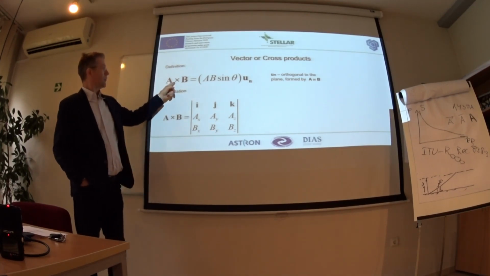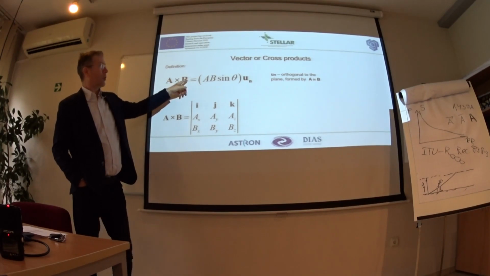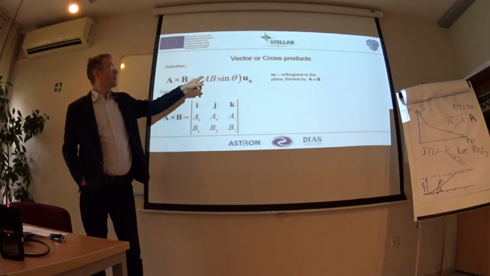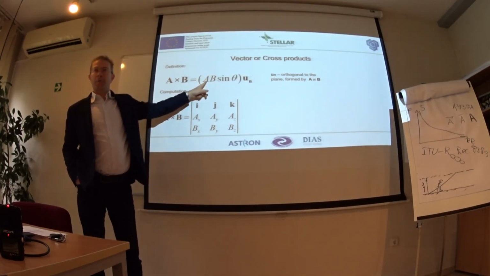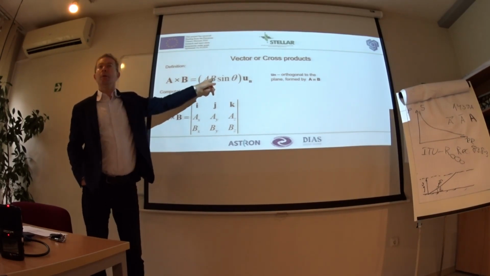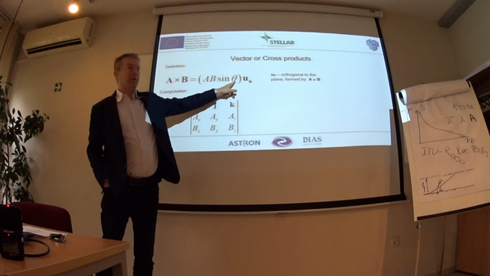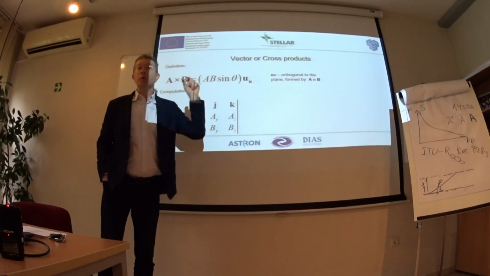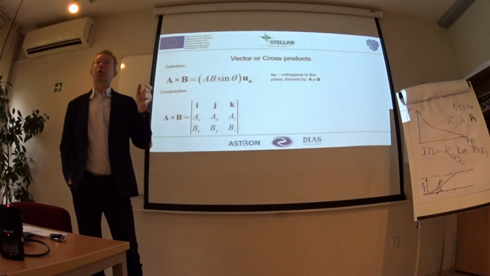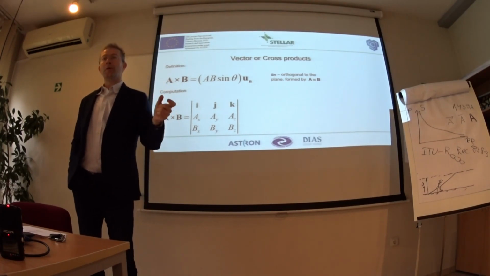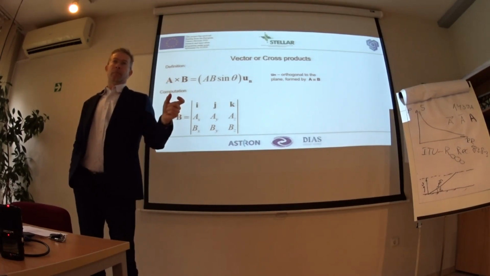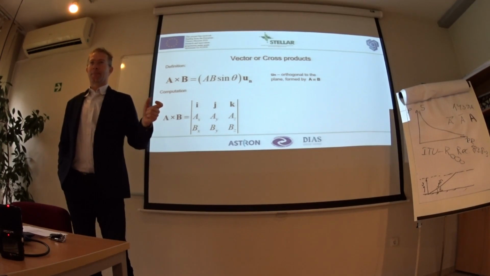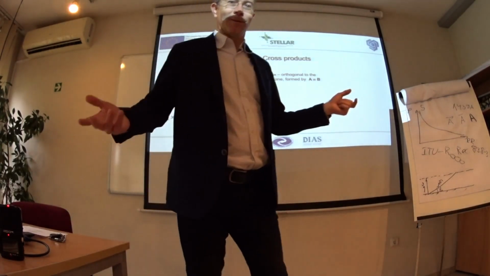Cross product is A cross B, or called also the vector multiplication of 2 vectors, is magnitude of vector A times magnitude of vector B times sine of the angle between them times unit vector which is orthogonal to these 2 vectors. Which doesn't make sense a lot, right? But it is what it is.